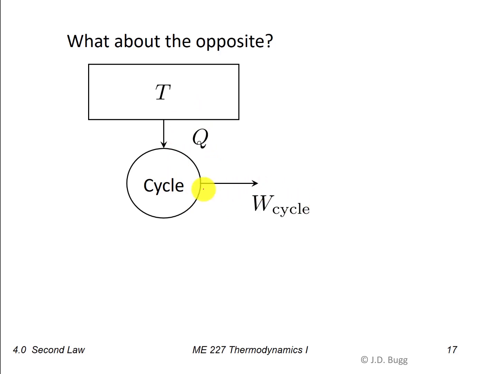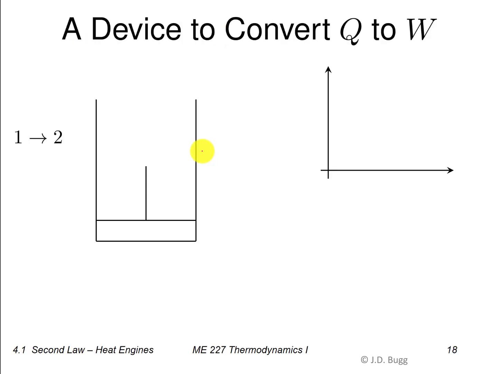We were successful in the opposite direction in converting 100% of our work to heat. Now that we've switched these arrows, can we convert all of this heat into work? In other words, is this scenario possible? Because this is operating in a cycle, so these two things have to be equal. Well, we're going to try to do that.